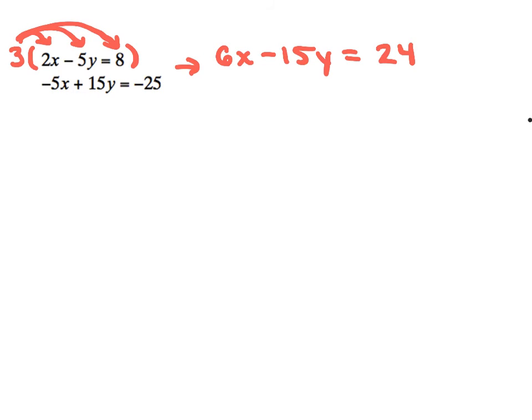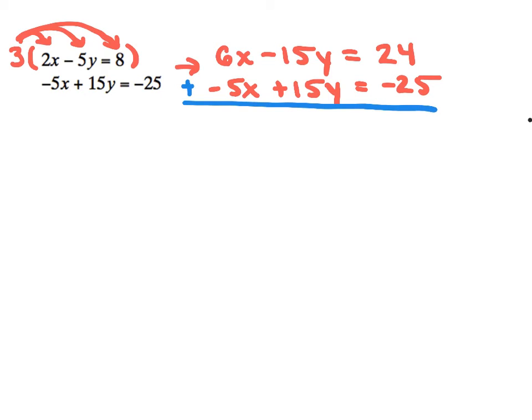My second equation stays as negative 5x plus 15y equals negative 25. Now if I add those two equations together, 6x minus 5x will give me 1x plus negative 15 plus 15 will give me 0y, and 24 minus 25 would give me negative 1.